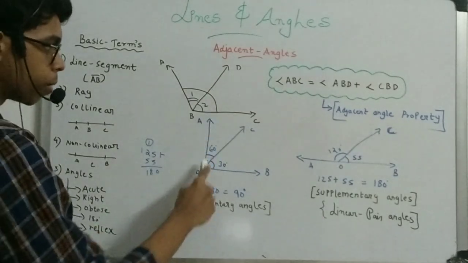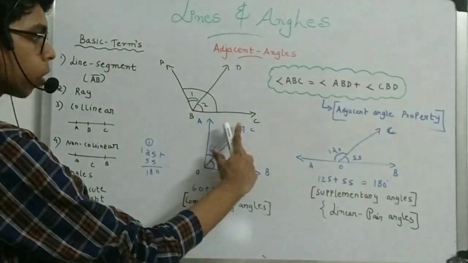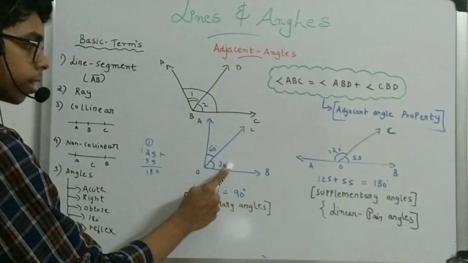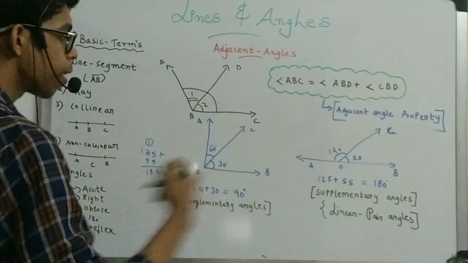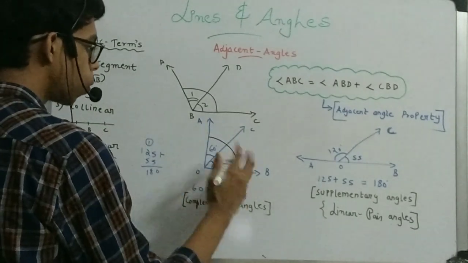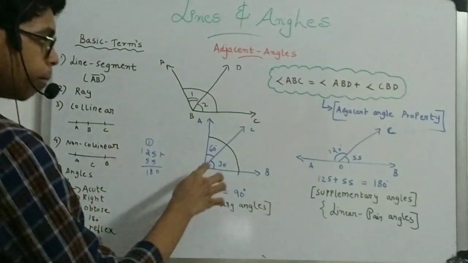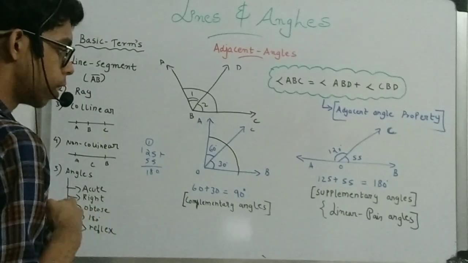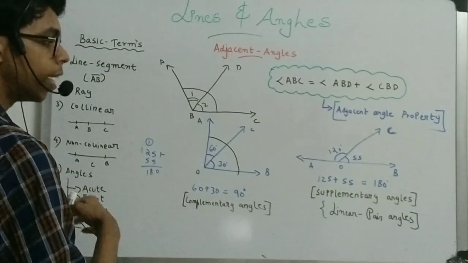Now here there are a few examples which I have written. In this example you can see an angle AOB, and there is a common arm OC in between them. Here it makes an angle of 30 degree, and here it makes an angle of 60 degree. Now if I ask you what is the value of this full angle AOB, what will you say? The full angle will be equal to the sum of this individual angle plus this individual angle, that is 60 plus 30, 90 degree.